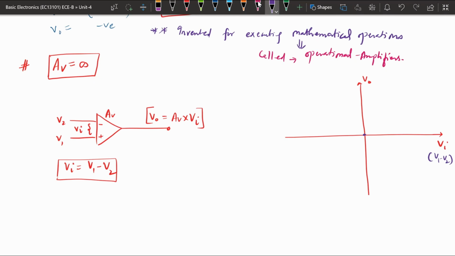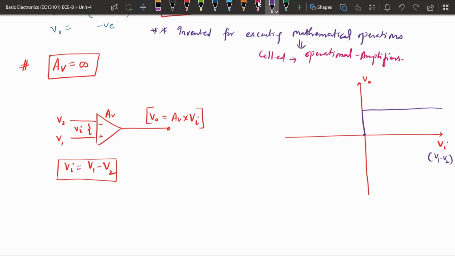In the ideal case, if Vi is just greater than 0, the output will be a constant positive voltage.